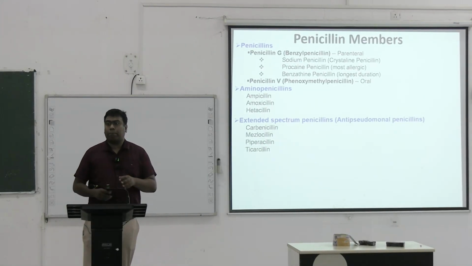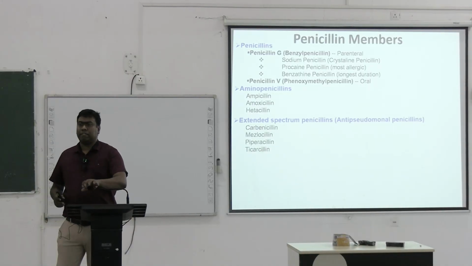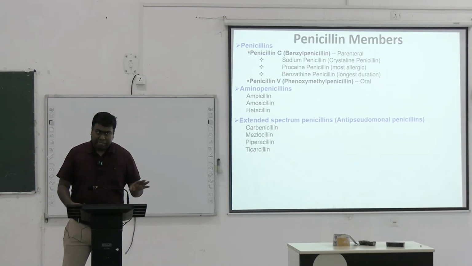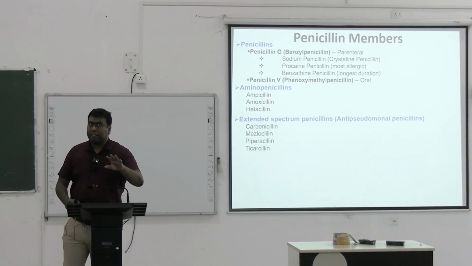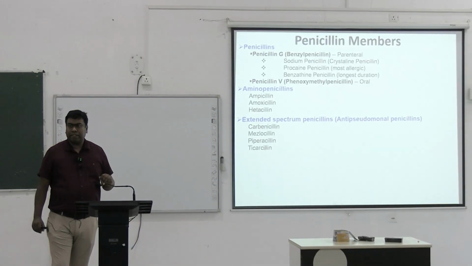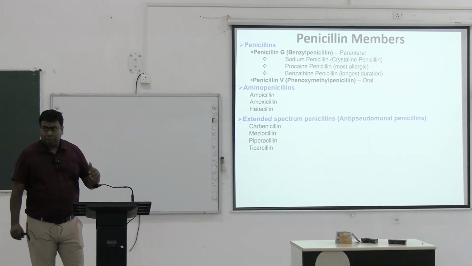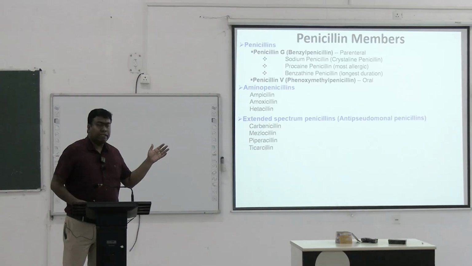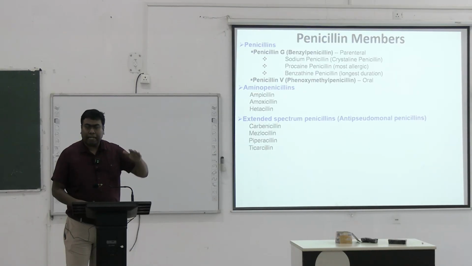Pseudomonas is a gram positive or gram negative bacilli? Other than pseudomonas, what are the different types of gram negative bacilli? Shigella, Salmonella, E. coli. They can be controlled by other antibiotics, but pseudomonas is difficult to control.